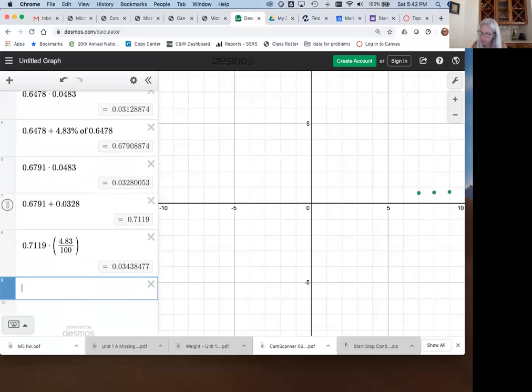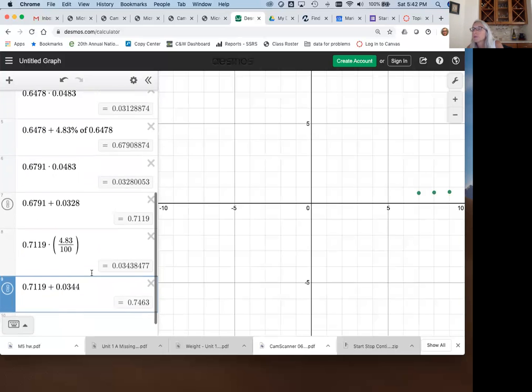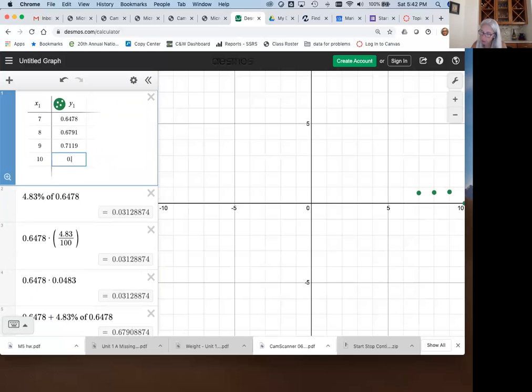So I'm going to take that 0.7119, my previous output, and add that to 4.83% of itself, 0.344, looks like, because I'm rounding correctly. And I get this 0.7463. So I'm going to fill that in. All right, so these are my data entries for that table.